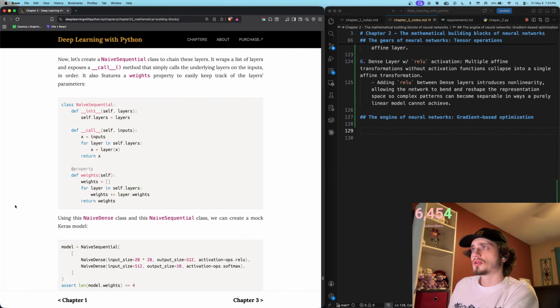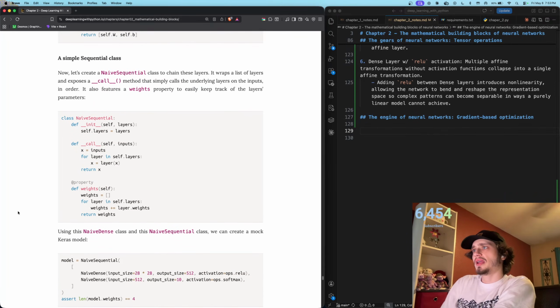A simple sequential class. Now let's create a NaiveSequential class to chain these layers. It wraps a list of layers and exposes a dunder call method that simply calls the underlying layers on the inputs in order. It also features a weights property to easily keep track of the layers' parameters. So NaiveSequential is going to chain our layers together. We have layers, which is going to be applied to self.layers, probably in the form of a list of layers.